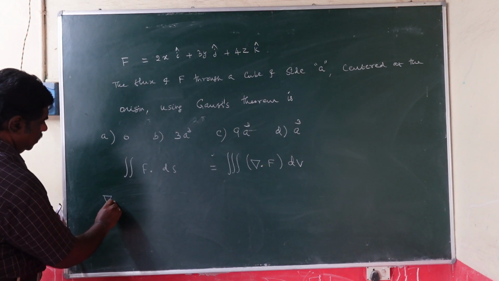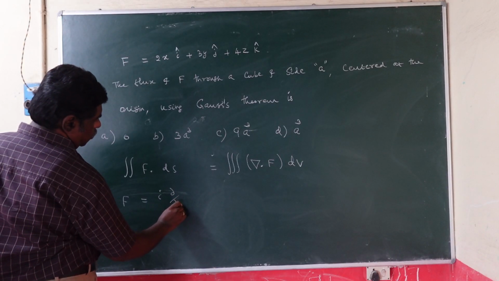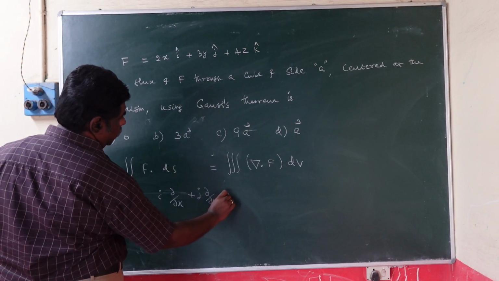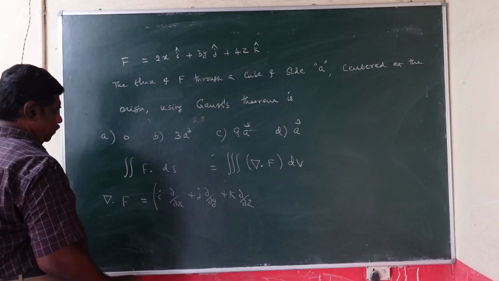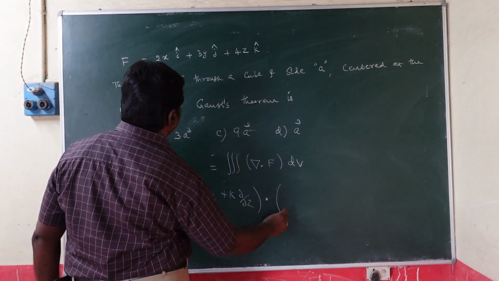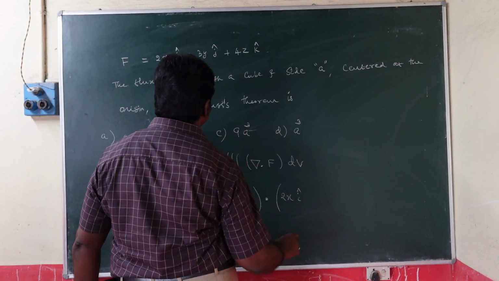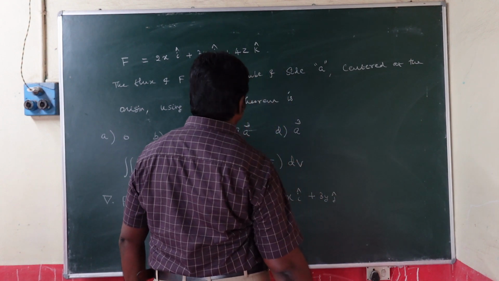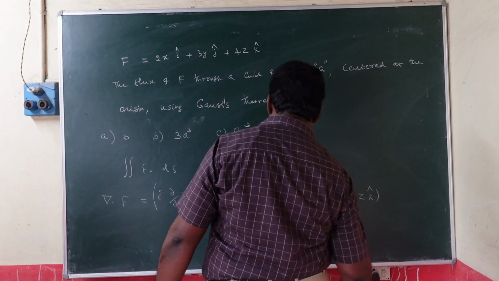Del dot F is equal to I into dou by dou x plus j into dou by dou y plus k into dou by dou z. This is the value of the del operator. Dot, the value of F is 2x into I plus 3y into j plus 4z into k.